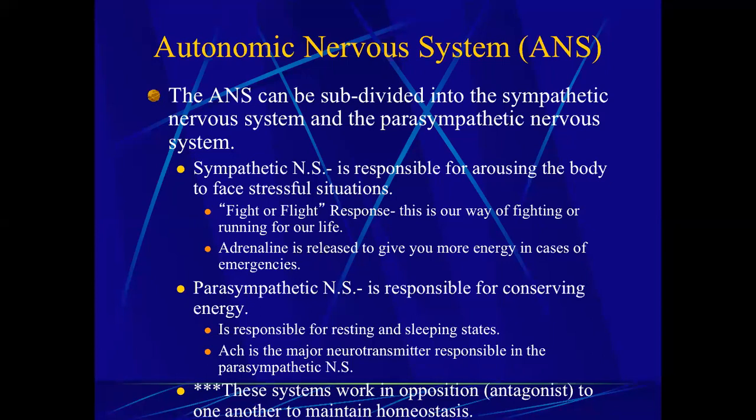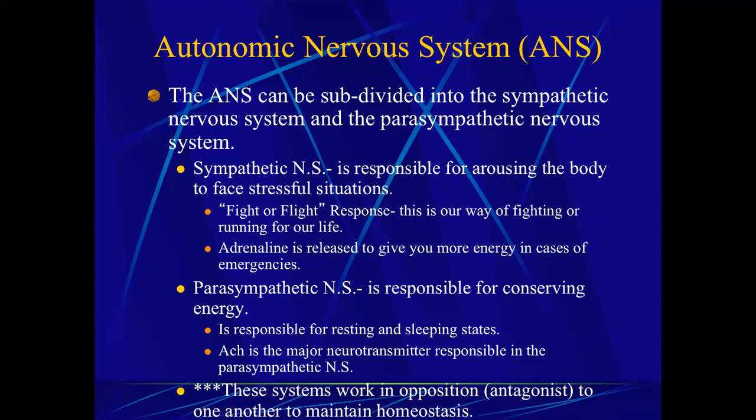The sympathetic nervous system is responsible for helping us cope with a reasonable threat or a stressful situation. When we perceive danger, alarm bells go off, right? And we protect ourselves against the danger. What is oftentimes released is adrenaline, right? So we have increased energy. I'm going to talk more about what also happens during these processes in a minute.